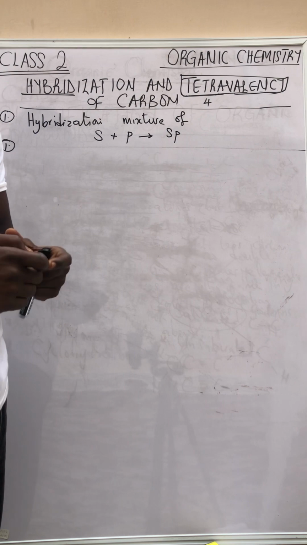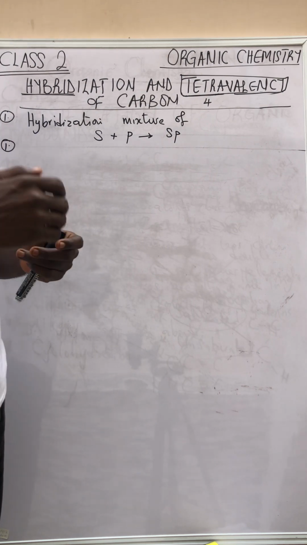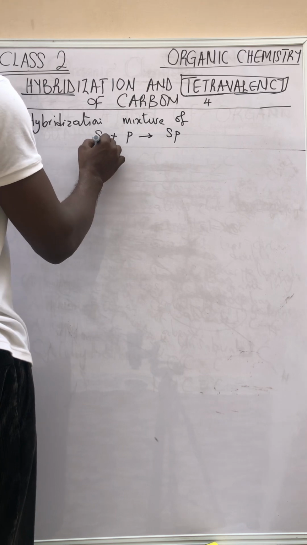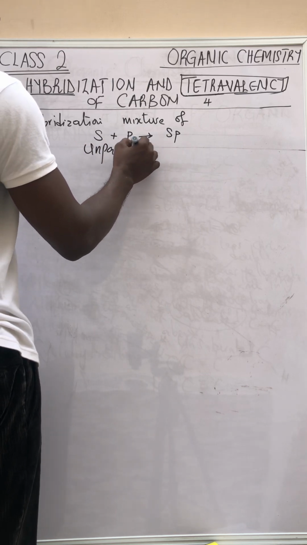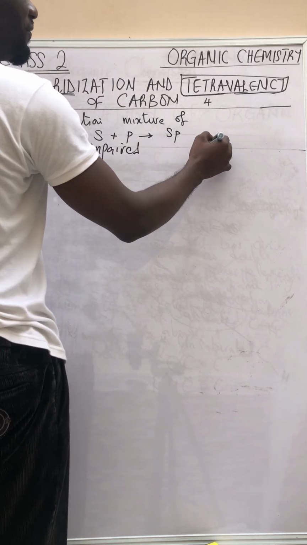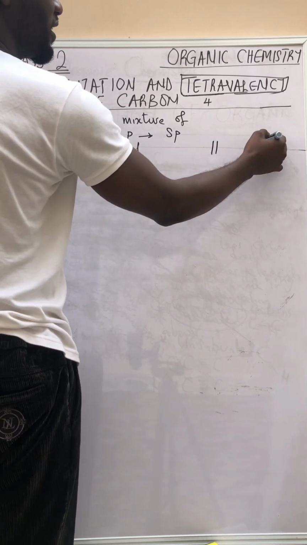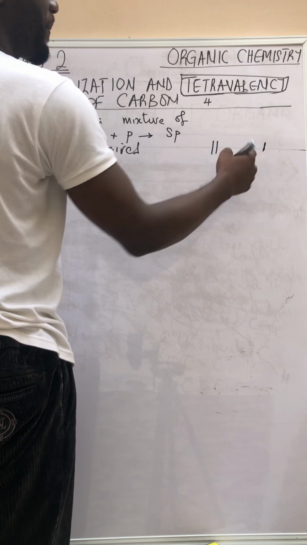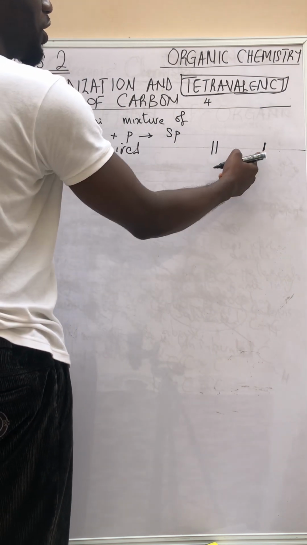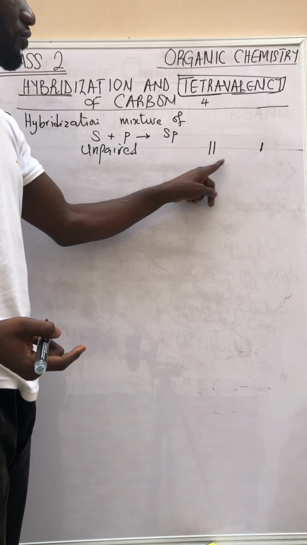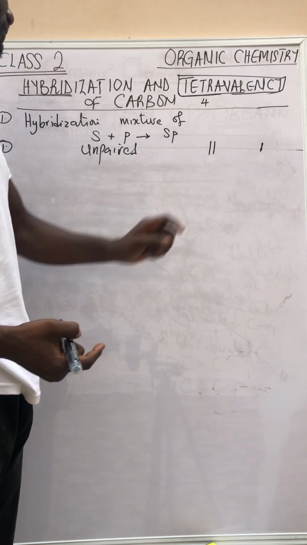What do I mean by unpaired? If I have this, it is a pair. If I have this, it is unpaired. Pair means two, unpaired means one.